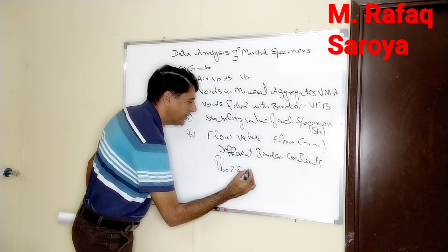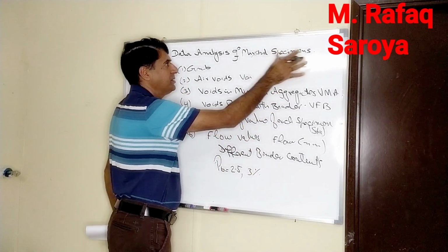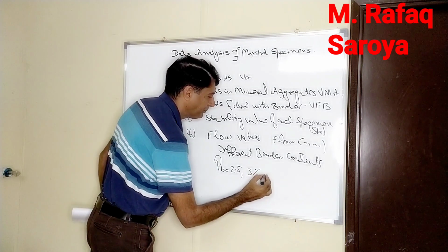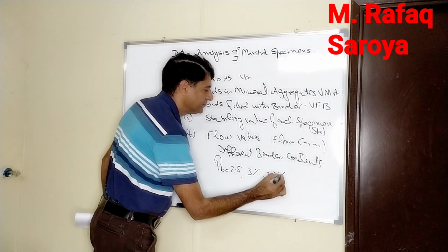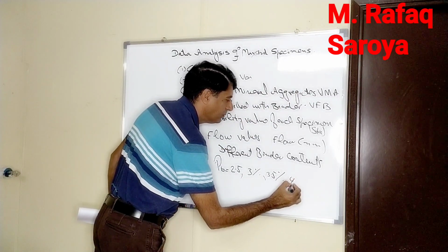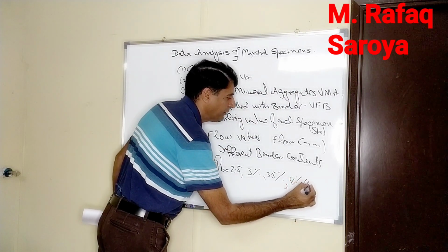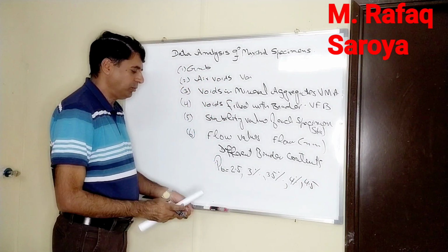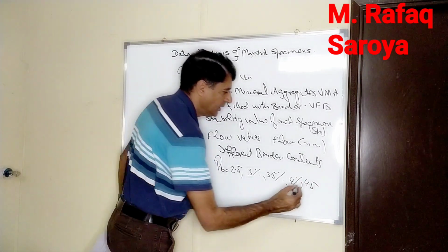Then at 3%, we prepared Marshall specimens. Then 3.5%, with this we prepared Marshall specimens. Similarly 4%, 4.5%. We are going to increase it up to 5%.